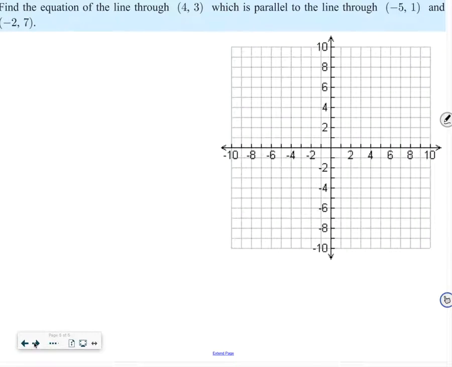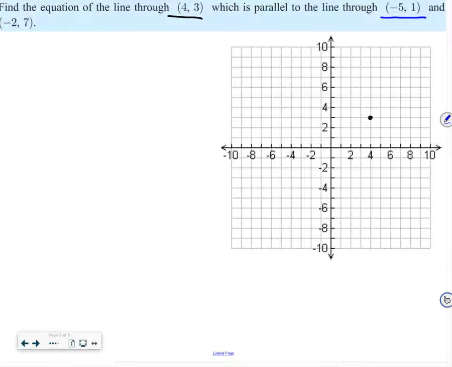Last example here. Okay, so find the equation of a line through 4, 3. So I'm going to use a graph here so I have a visual representation. So the point 4, 3 is 4 over, 3 up, and that's that point. Okay, which is parallel to the line through negative 5, 1 and negative 2, 7.